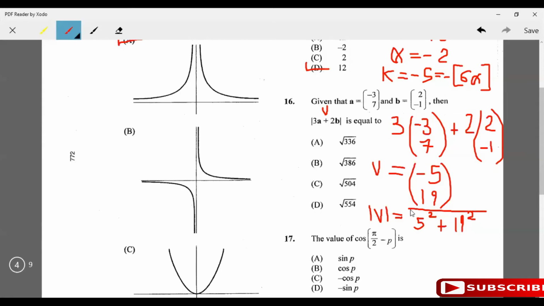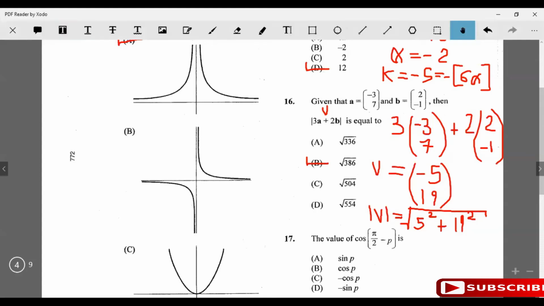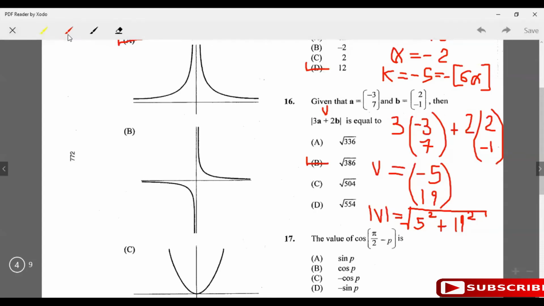That's how you find the length of a vector: a squared plus b squared, all square rooted. And 5 squared plus 19 squared is the root of 386. That is option B. That's question 16. Easy question.